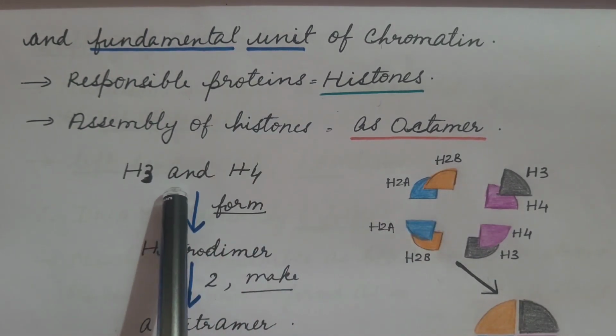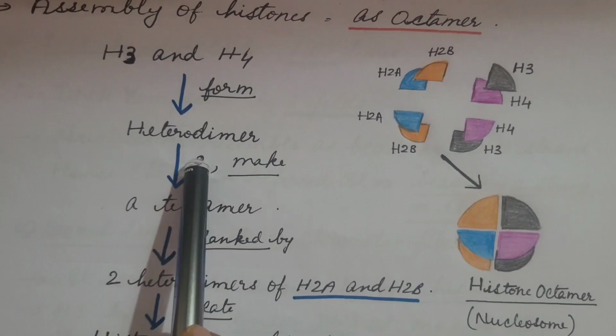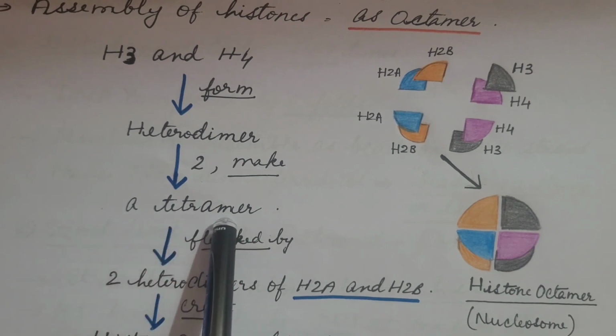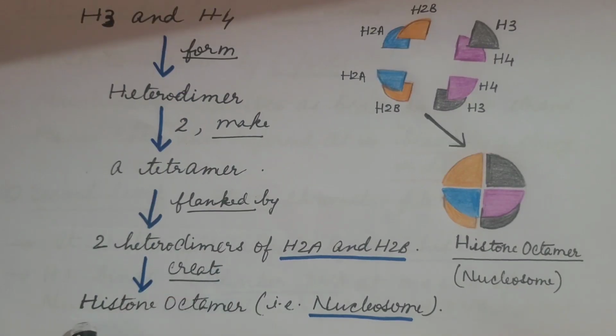First of all, H3 and H4 histone protein form heterodimer. Two heterodimers then make a tetramer. This tetramer is flanked by two heterodimers of H2A and H2B, and this creates histone octamer, that is nucleosome.